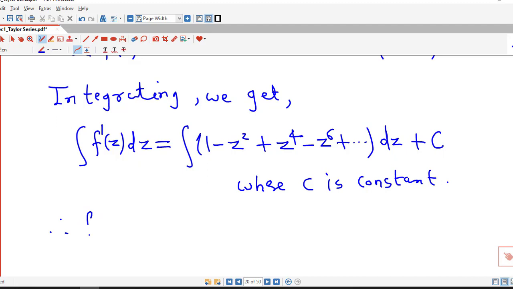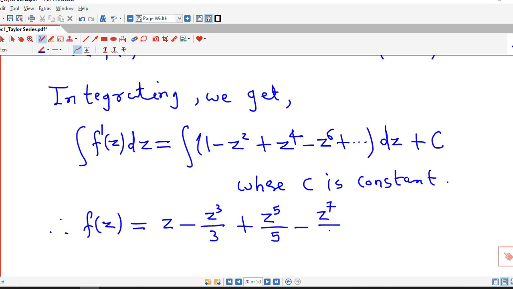Now the integral of f dash z is f(z). The integral of 1 with respect to z is z. The integral of z square is z cube by 3. The integral of z raised to 4 is z raised to 5 by 5, minus the integral of z raised to 6, which is z raised to 7 by 7, and so on, plus the constant of integration.